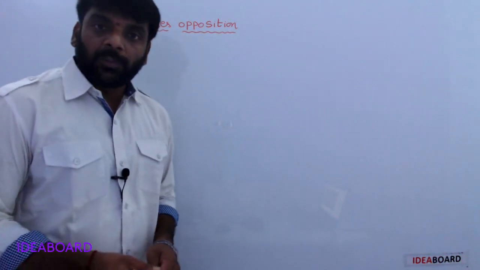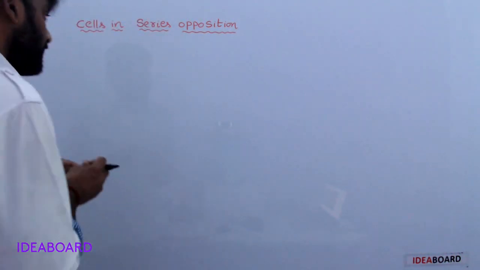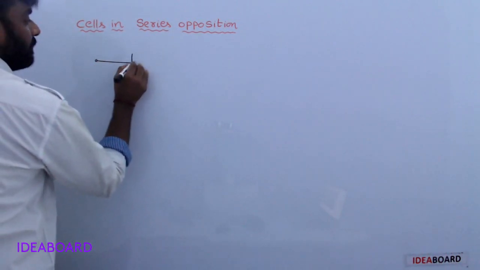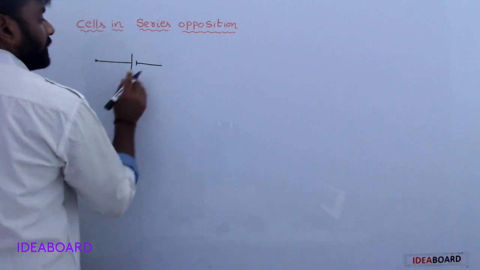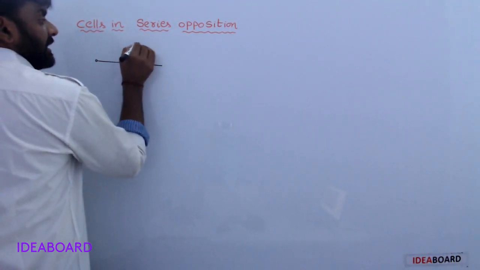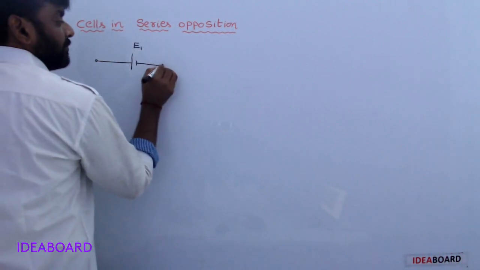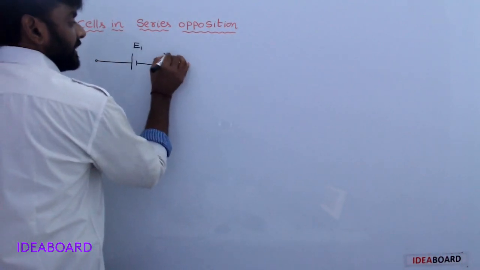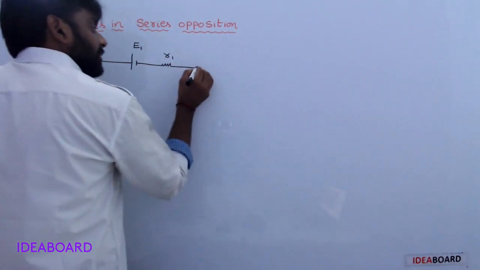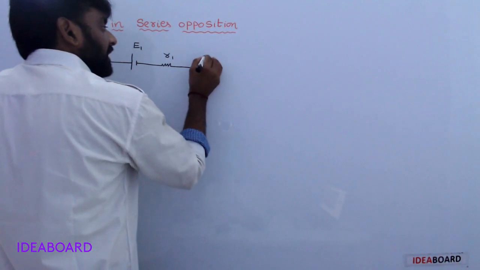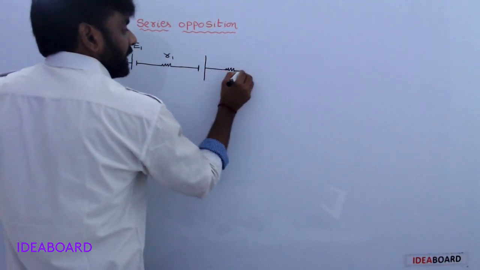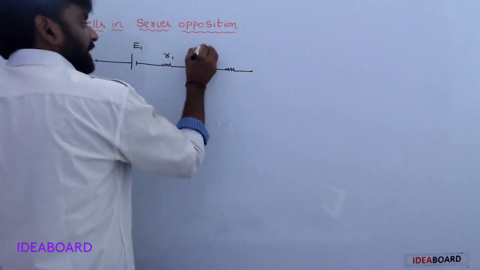Cells in series opposition. Opposition in the sense, see, it is a battery. This one is one of the batteries. Its EMF is E1. Its internal resistance is R1. This negative terminal is connected to the negative terminal of another battery.